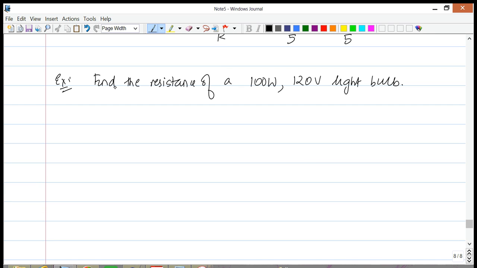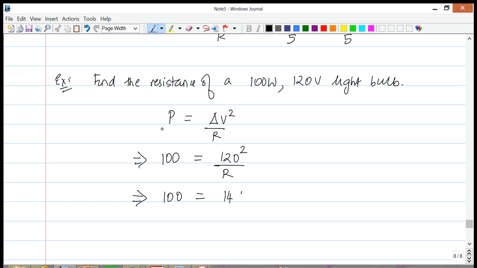So you've been given the power and the voltage, and we want to find the resistance. P is delta V squared over R, so 100 watts equals 120 squared over R, which gives 100 equals 14400 over R, so R is equal to 14400 over 100, which is 144 ohms.